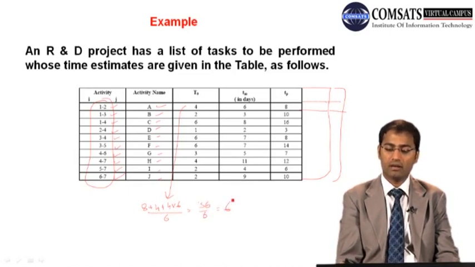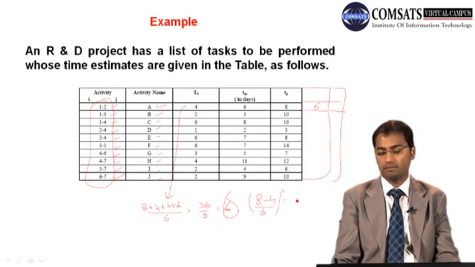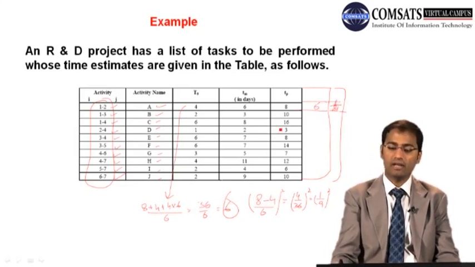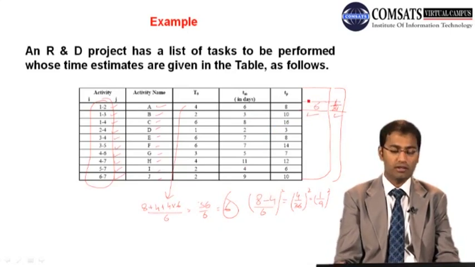So 6 is the mean duration. And what is the variance? That is 8 minus 4 divided by 6, squared, that is 4 by 36 squared, that is 1 by 9 squared, and so 1 by 81. That is the variance. In this fashion we will calculate the duration and variance of each activity, so we need these two values.